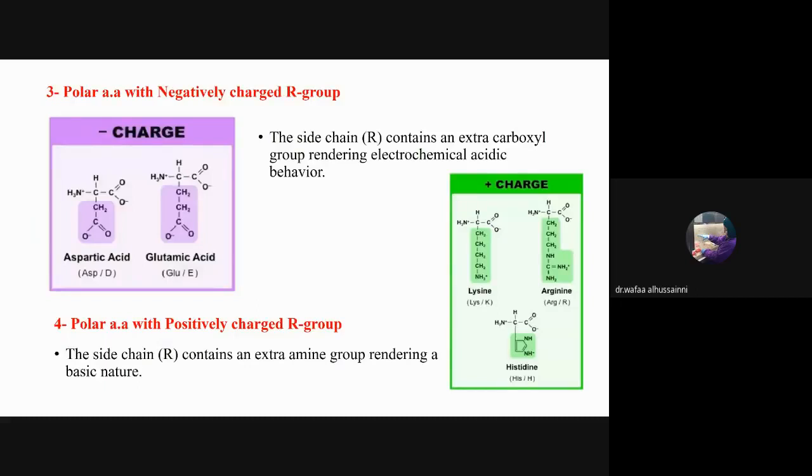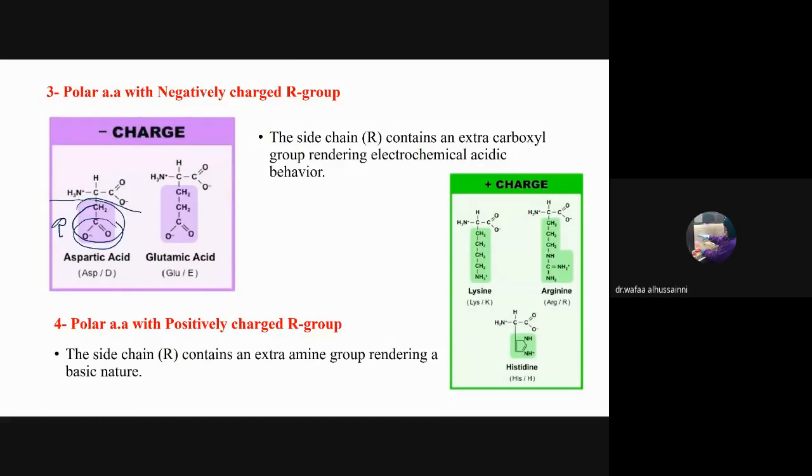The third type is a polar amino acid with a negatively charged R group. This R group may contain an extra carbonyl group, which gives it acidic behavior, and it is going to be charged. An example here: this is the straight chain of the amino acid, and this is my R group, which has a C double bond O, a carboxyl group.